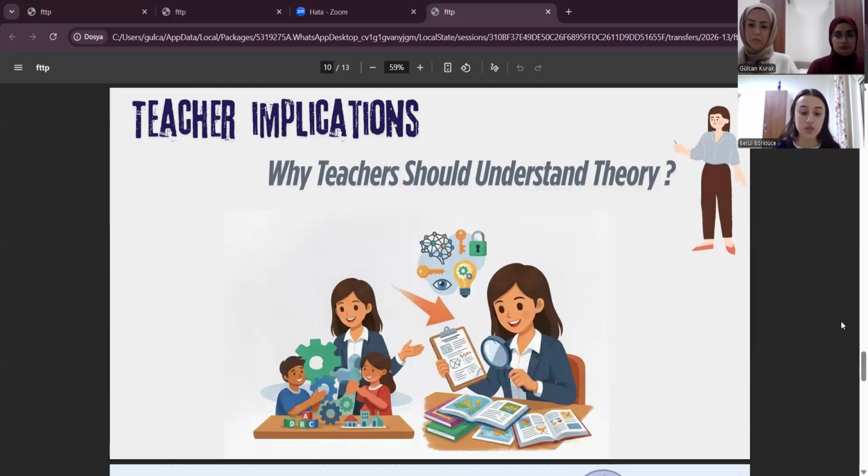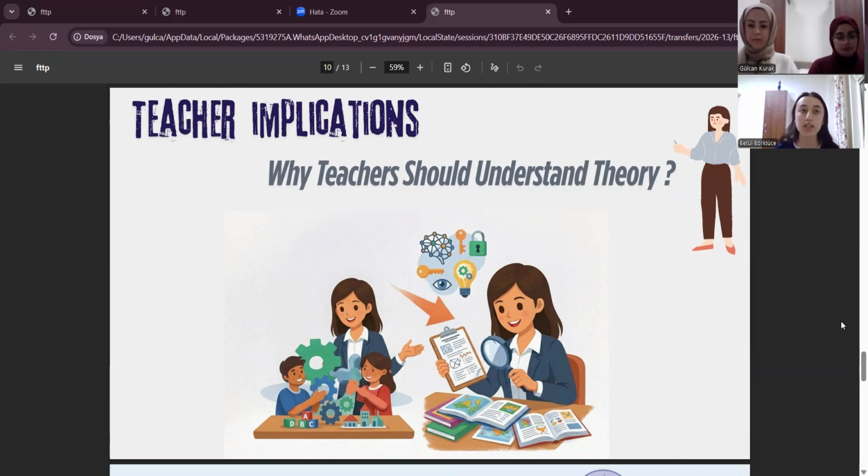Understanding the theoretical foundations of teaching is very important because when teachers are aware of learning theories, they can make more informed and conscious decisions in the classroom instead of blindly following a textbook or blindly applying an activity.